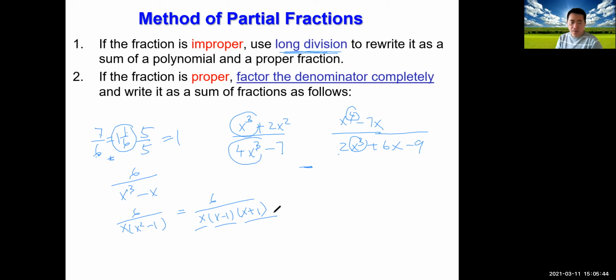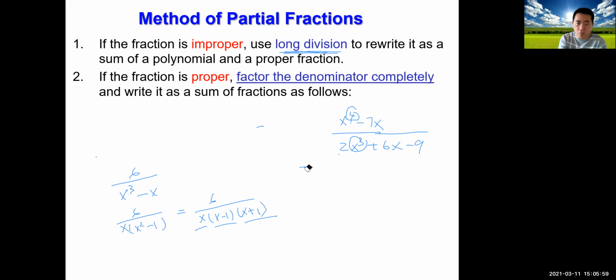Okay, so that's when I have completely factored it. You cannot factor this further. Now, once you have the factored form of the denominator, then you look at the denominator and determine how many fractions we're going to split or decompose into.